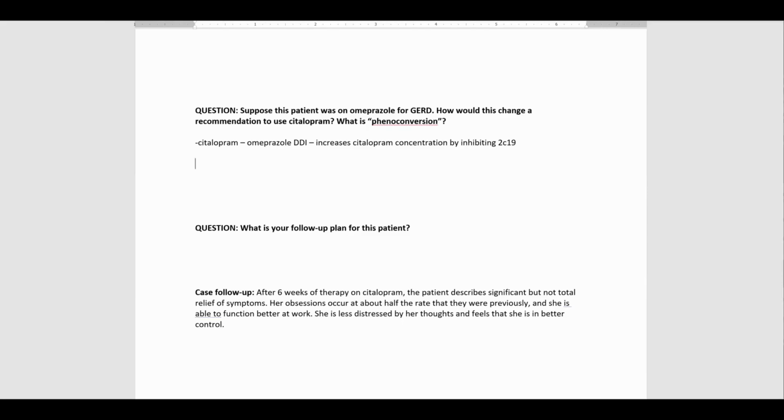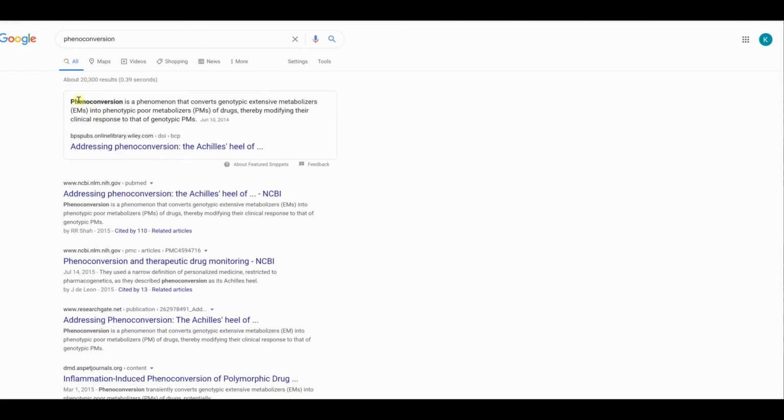So the other question is, what is phenoconversion? Phenoconversion is a phenomenon that converts genotypic extensive metabolizers into phenotypic poor metabolizers. And it doesn't necessarily have to just be extensive or into poor metabolizers. The basic point of phenoconversion is changing your genetically determined metabolizer phenotype into a different metabolizing phenotype by a drug-drug interaction.